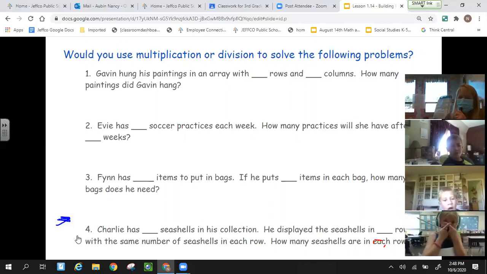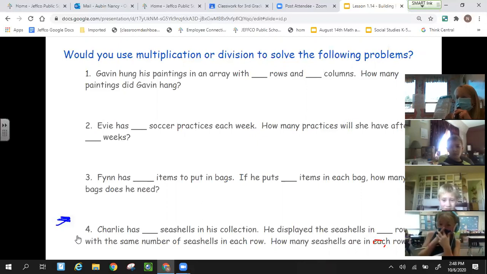All right. Here's what I want you to do. If you think multiplication, stand up. If you think division, sit down. I mean, everybody sit down. If you think division, stand up.